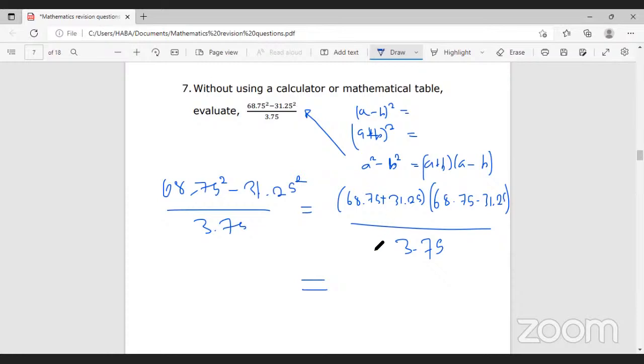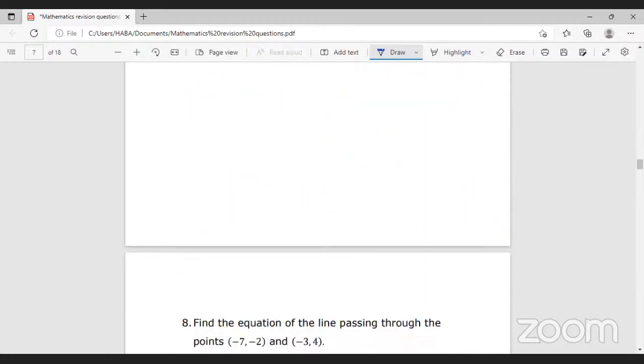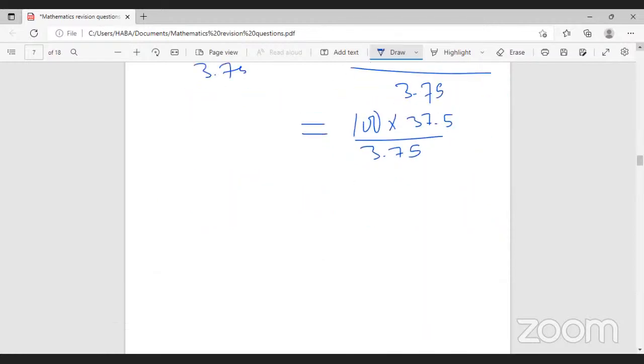The first one is 100 multiplied by 37.5. Now this second bracket, yes, it is 37.5. Then divided by 3.75. So what is 37.5 times 100?